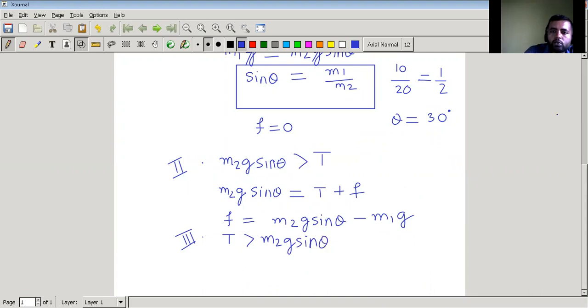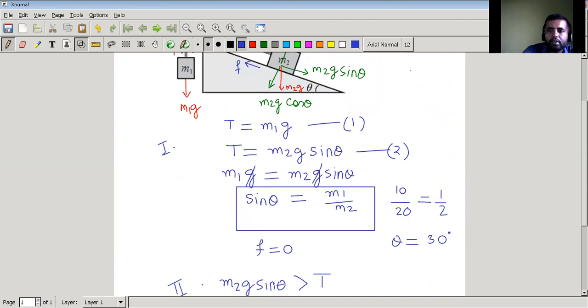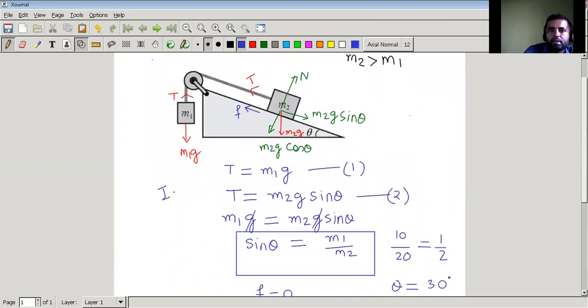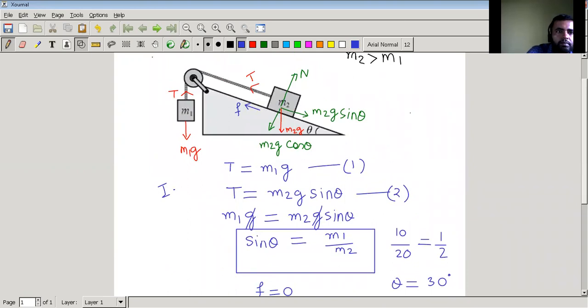Now in this case, we are going to rub this part so that we don't confuse. In this case this tension is more than this, so it will have a tendency to go up. So friction in this case will act in this direction.